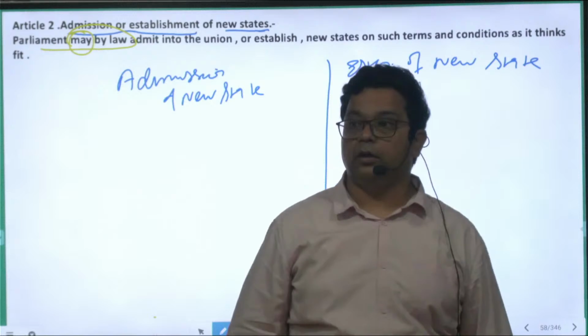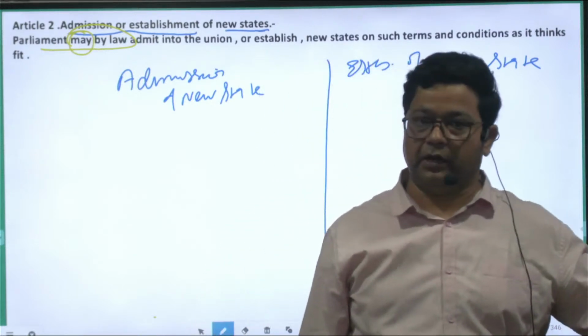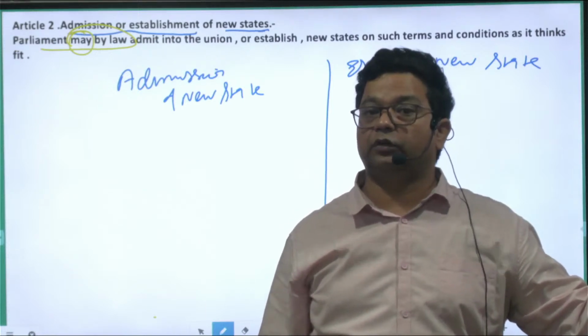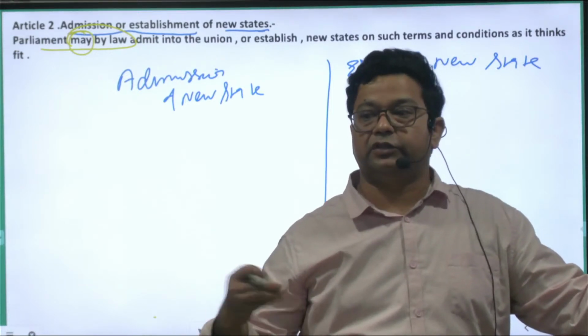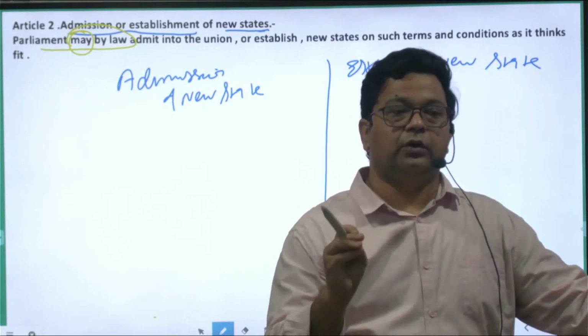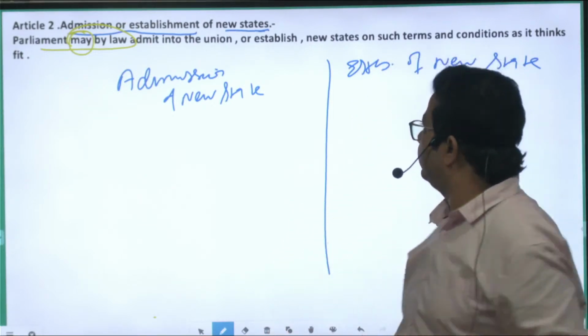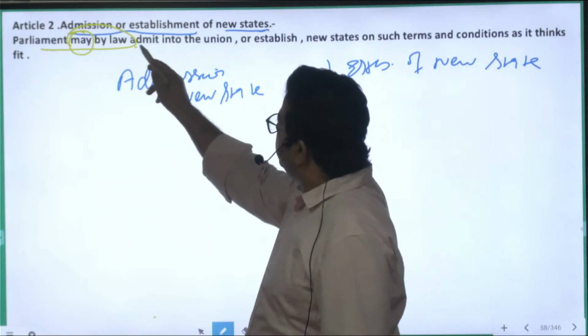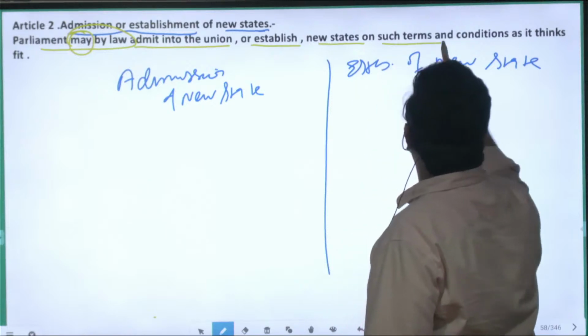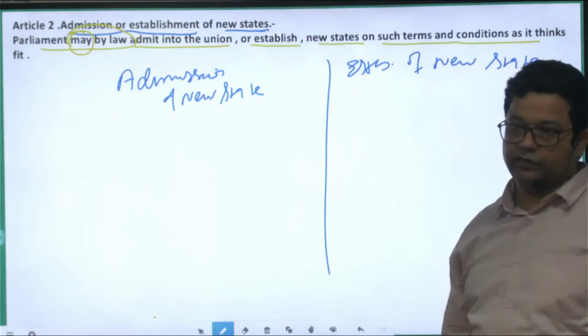It is not compulsory on the parliament. So who does this constitution empower, which authority, to admit or establish a new state? Parliament. And that is through the law. So parliament through the law admits into the union or establishes new states on such terms and conditions as it thinks fit.